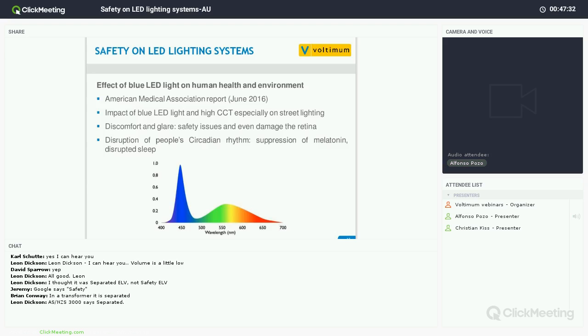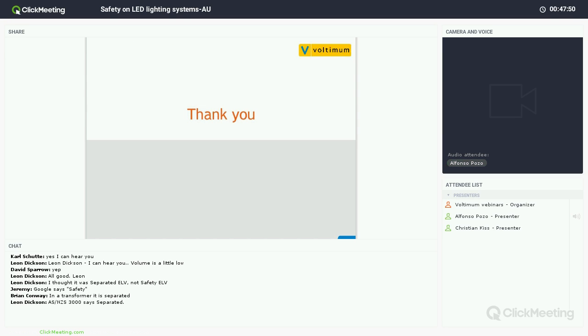In our case, it's an LED, and you can see the big amount of blue light component around the 450 nanometers of wavelength. That's basically all about the presentation on safety.